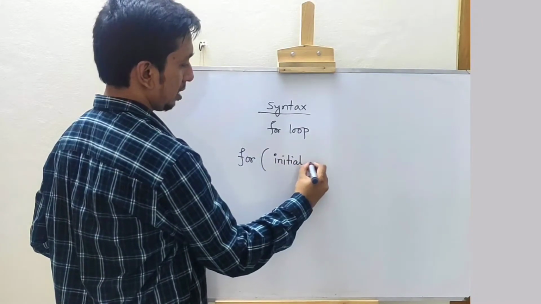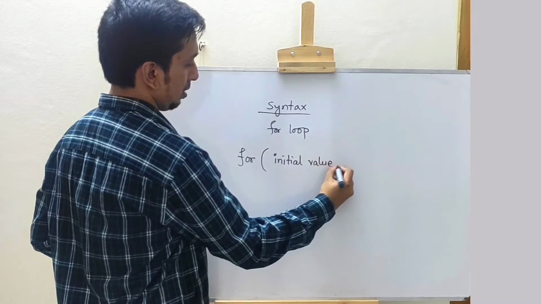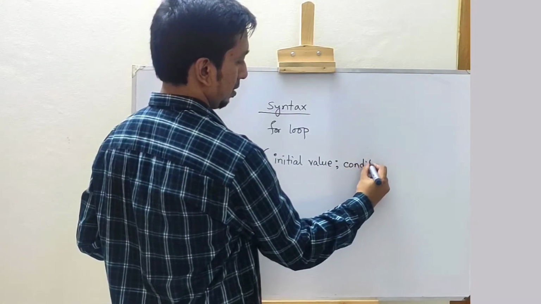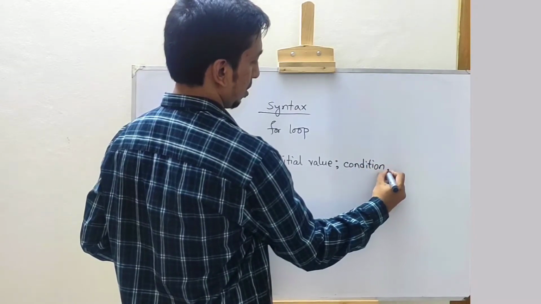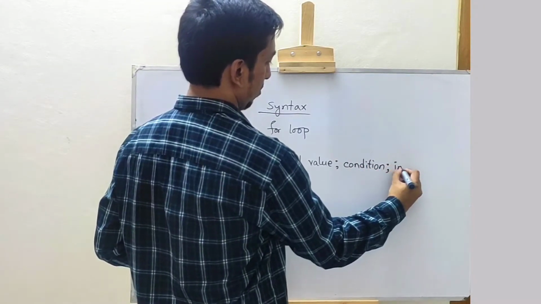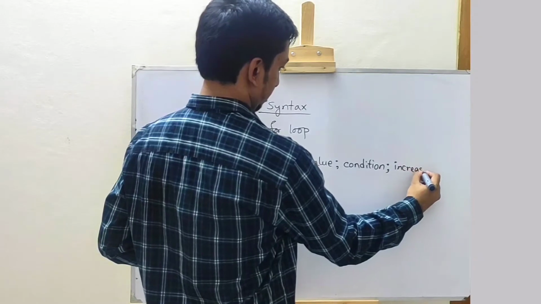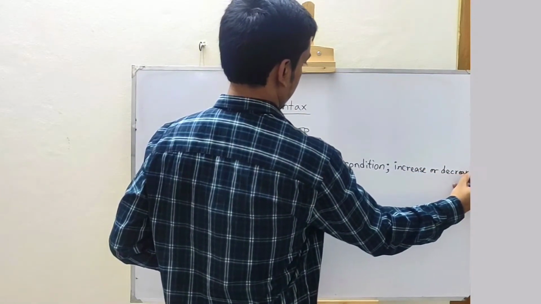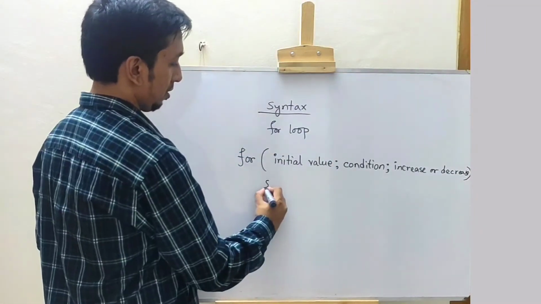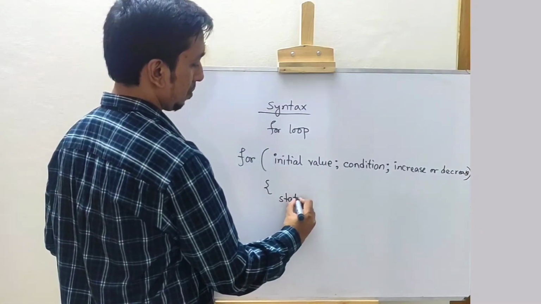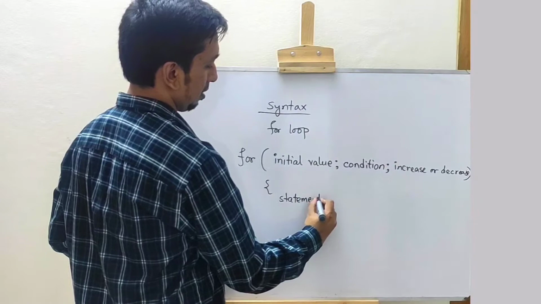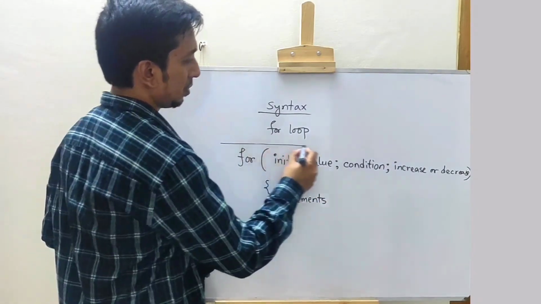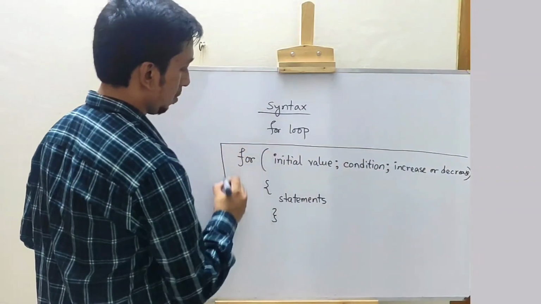Here you have to write initial value and then semicolon, condition, again semicolon, and then increase or decrease, and then first bracket close. Here second bracket, statement, you have to write statements here and then second bracket close. So this is actually our syntax for loop.